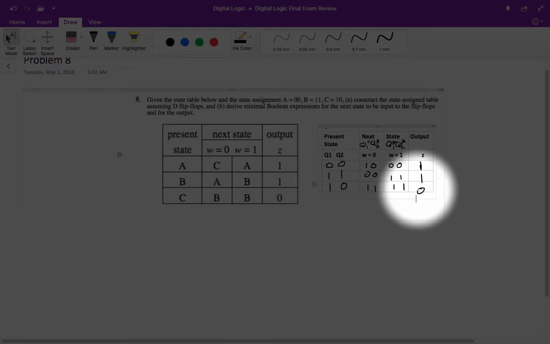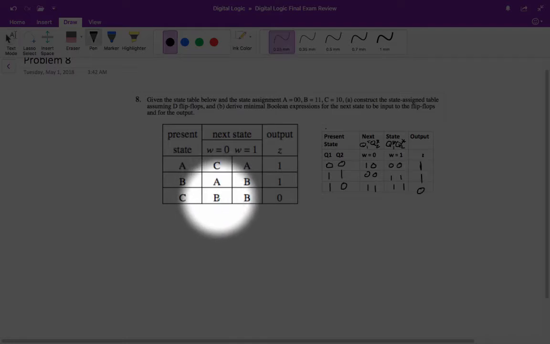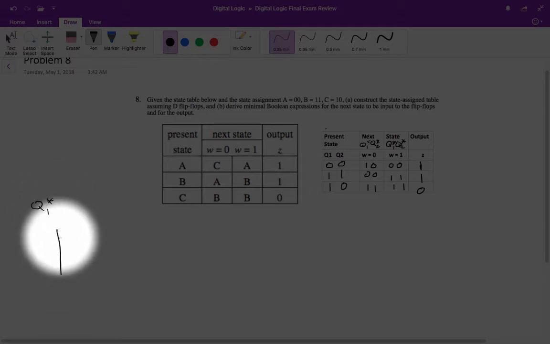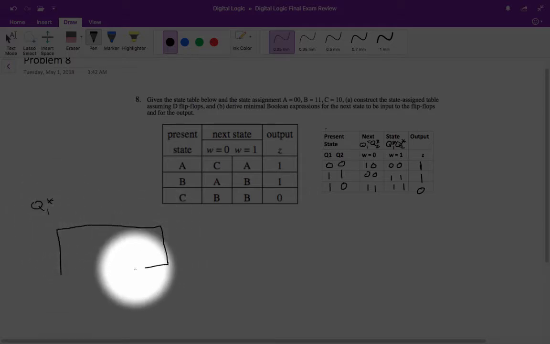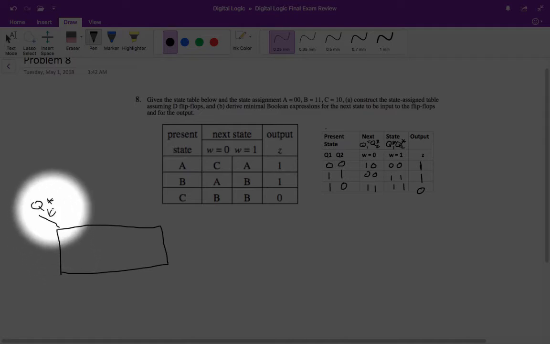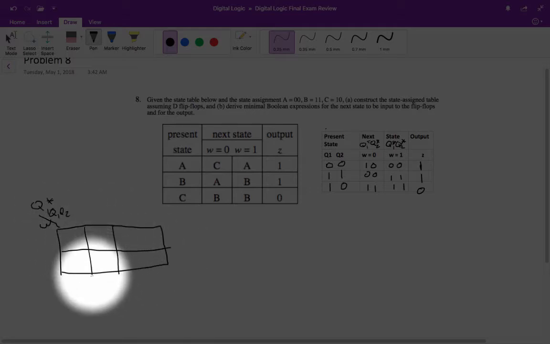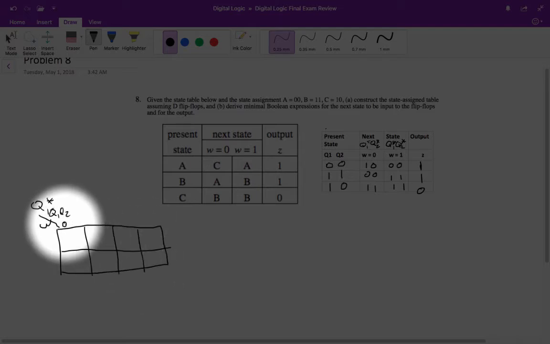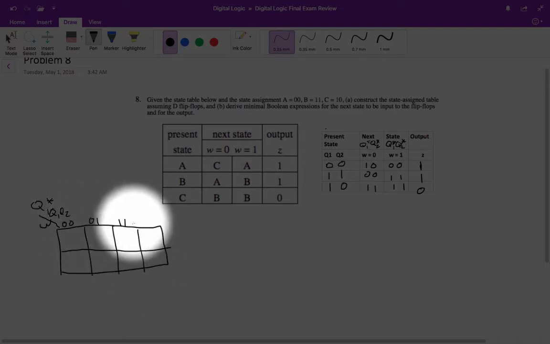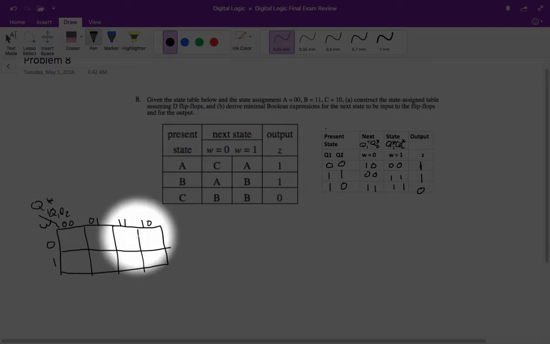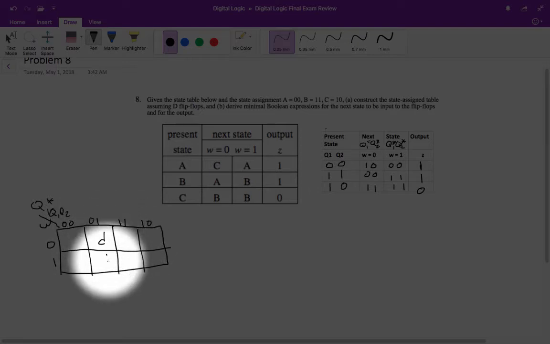Now we are supposed to derive expressions for Q1 star, Q2 star, and W. So we'll do a Karnaugh map. So let's start with Q1 star. Q1 star depends on Q1, Q2, and W. And we see that we have no state assigned to 0 1, so those are don't cares.